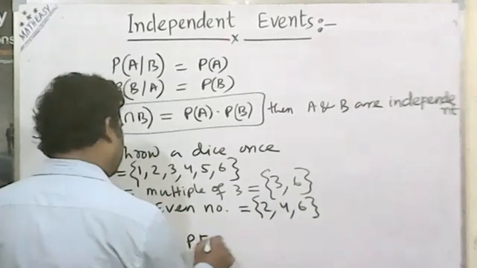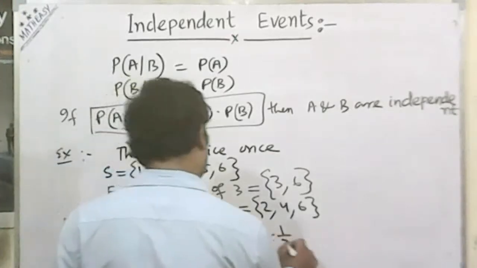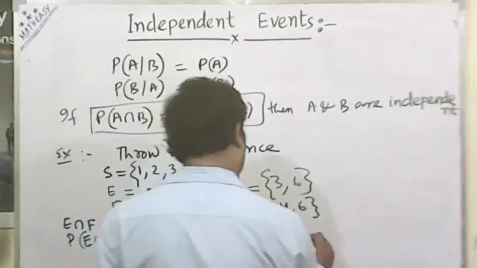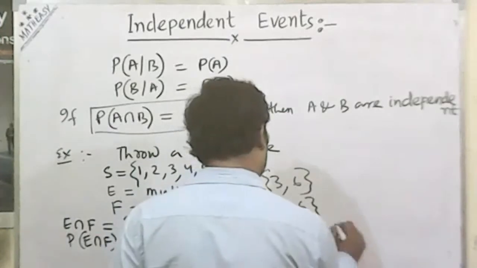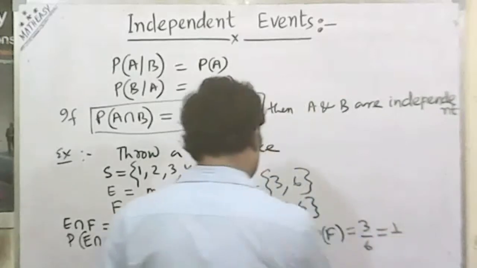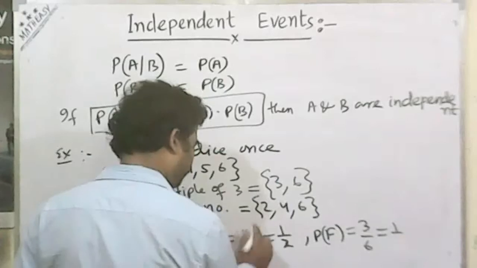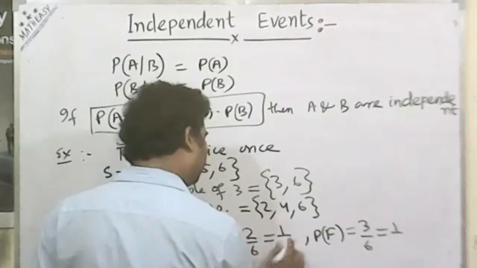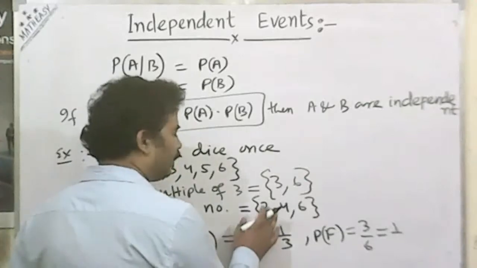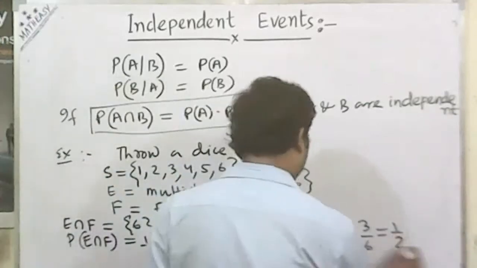Probability of E is equal to 2 by 6, it is 1 by 3. Probability F is equal to 3 by 6, means 1 by 2.